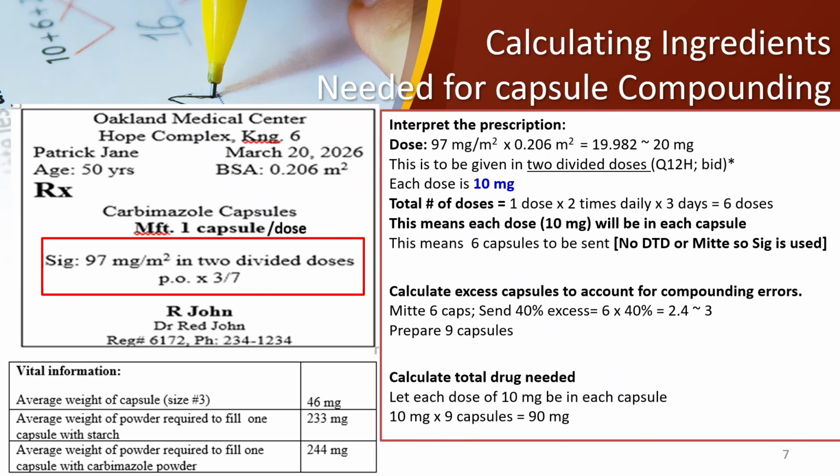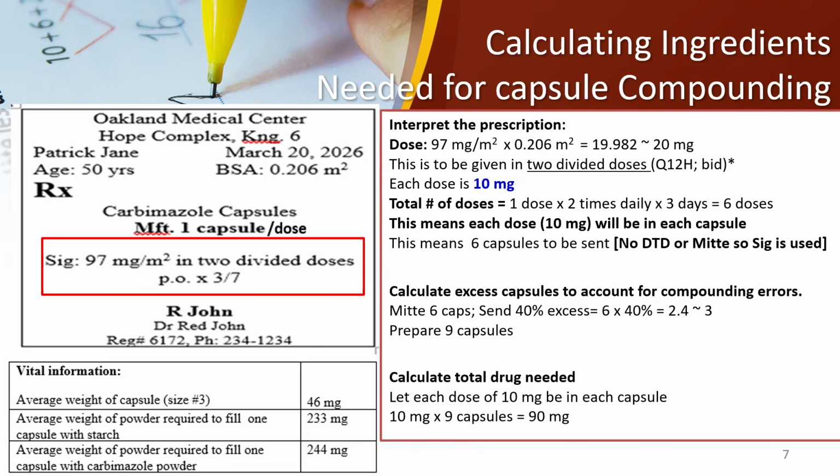The dose says 97 milligrams per meter square in 2 divided doses. In 2 divided doses means that when you calculate, as we have seen here, the dose per body surface area, which we got is 20 milligrams, it means that that 20 milligrams is given in every 24 hours. It is divided in 2 divided doses, either every 12 hours or 2 times a day. So that means each dose is going to be 10 milligrams.